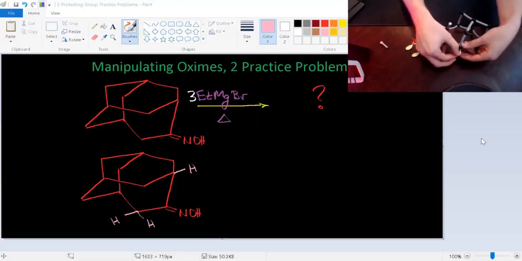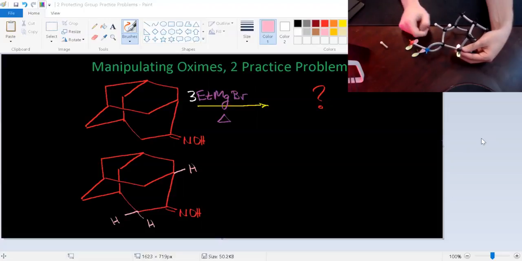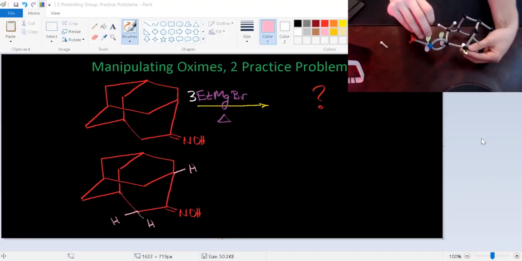Well, remembering what our 2 p orbitals that made up our pi system right here looked like, they were going up and down. So we can show it like this. So here they are going up and down. So right now, the way that they're shown, they are perpendicular.